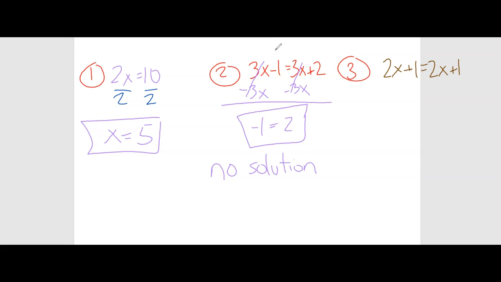When you get a number that's different on both sides, and the x's or the variable are eliminated, you have no solution. And let's look at this third one. Let's subtract 2x from both sides. And I get 1 is equal to 1. Well, this is always a true statement. 1 is always equal to 1. In this case, it wouldn't matter what x is; I would still get 1 is equal to 1.